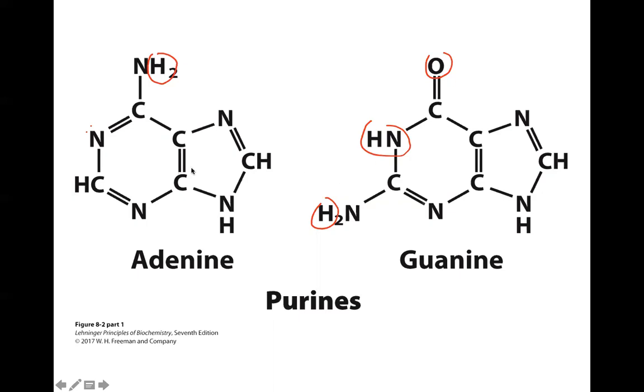And remember again, the easiest way to differentiate between those is that guanine has 3 hydrogen bond donor acceptor sites, and adenine only has 2.